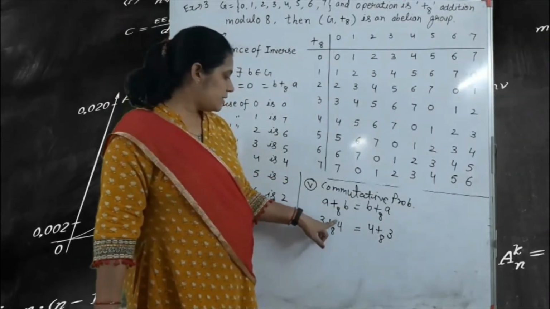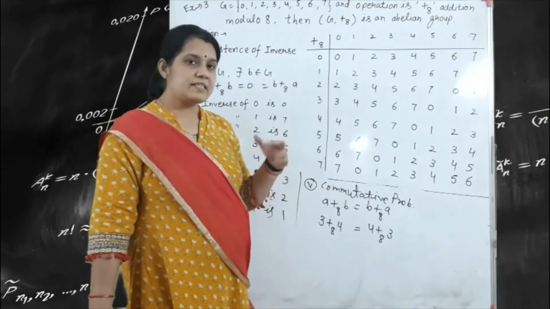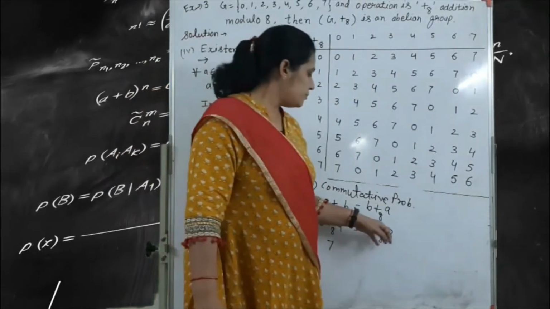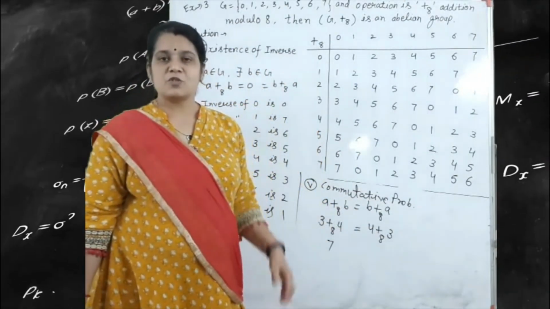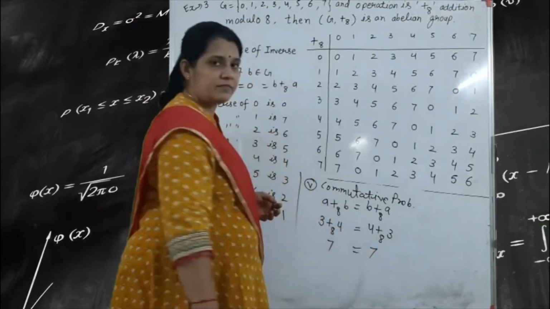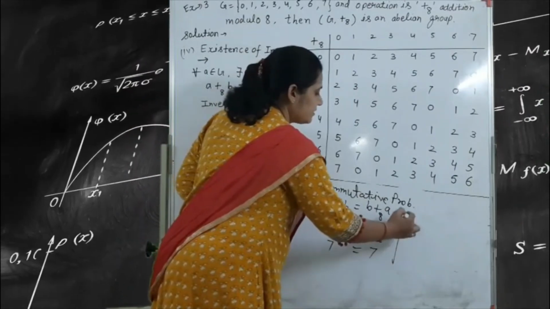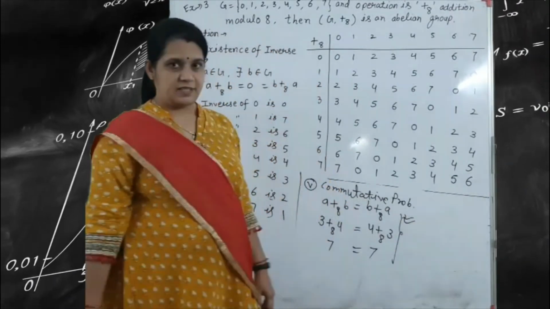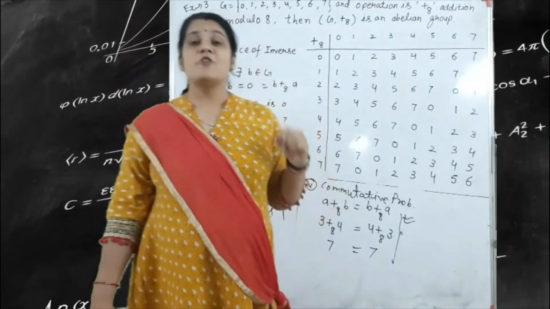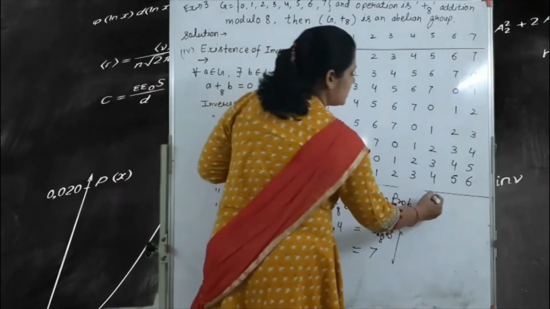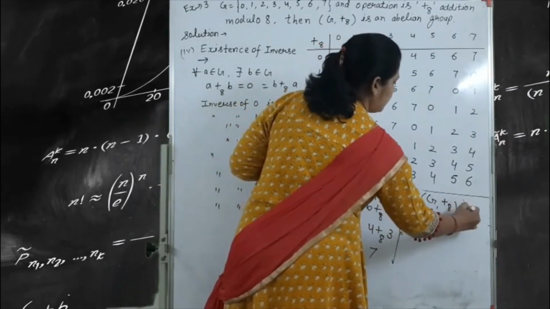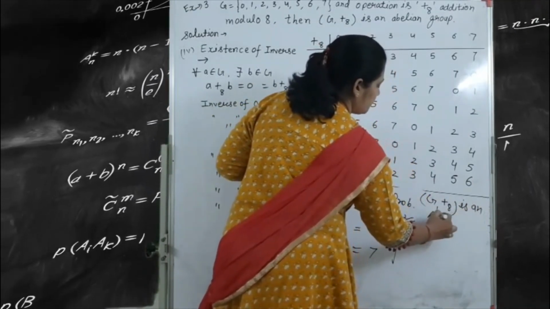So 3 plus 4 is 7. 7 is less than 8, so the answer is 7. 4 plus 3 is 7. 7 is less than 8, so the answer is 7. That means 7 equals 7, so this satisfies the commutative property. So with the help of all these 5 properties, we can say that G with addition modulo 8 is an abelian group.